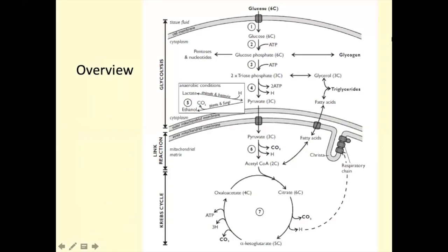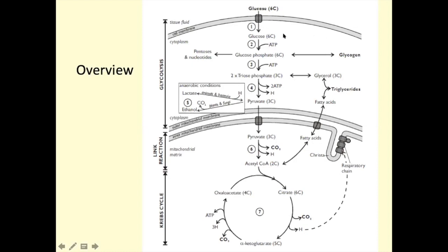I'm going to give you a big overview of the whole respiration topic. We start with glucose here, and on the back you can see the various parts of the cell. So glucose is actively transported into the cell.